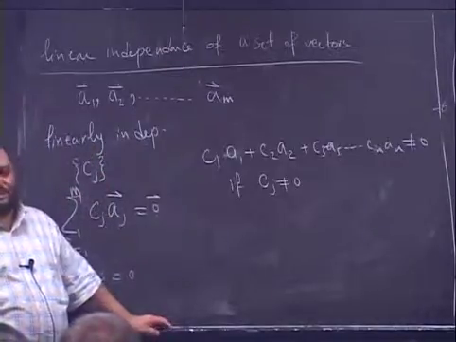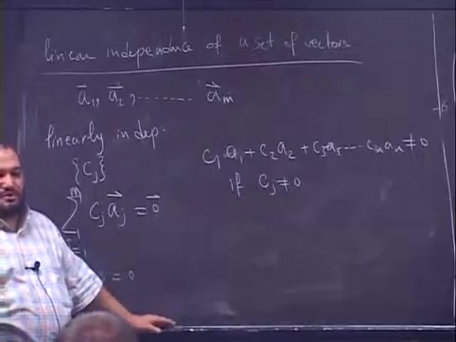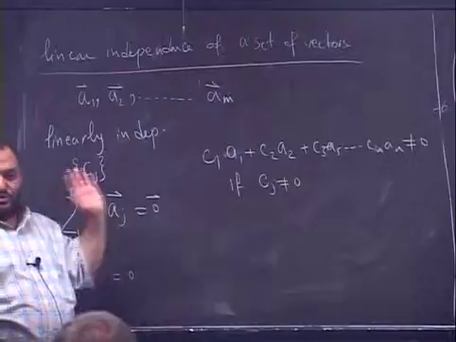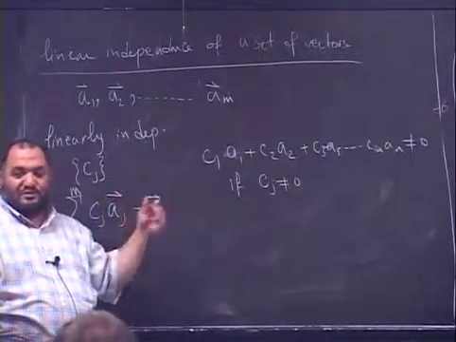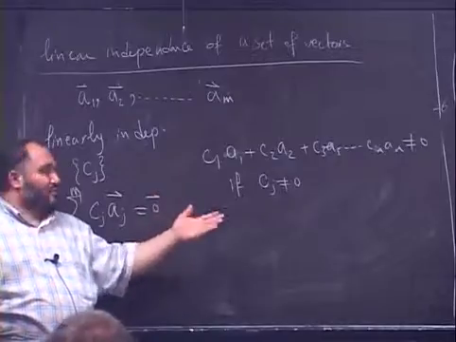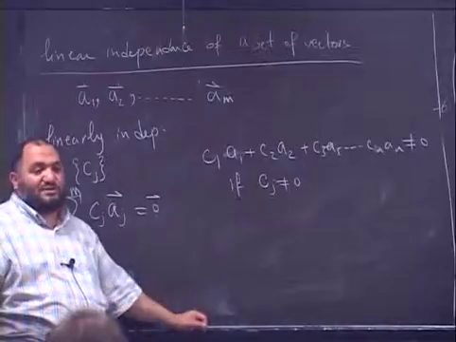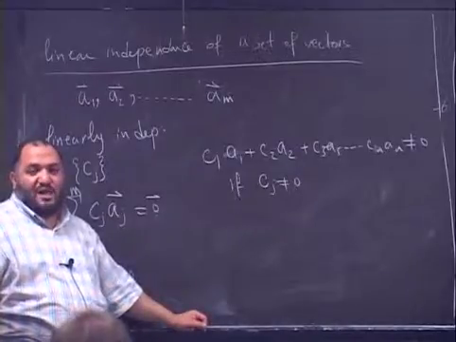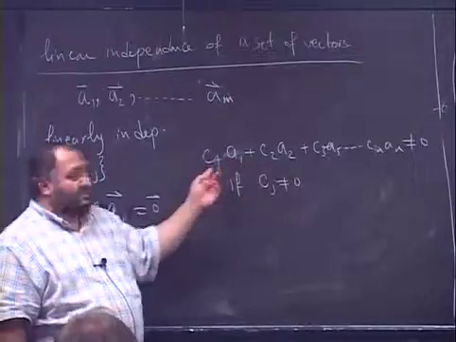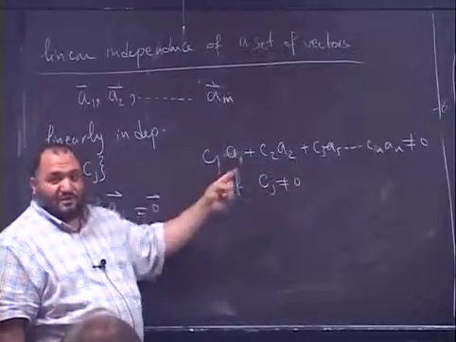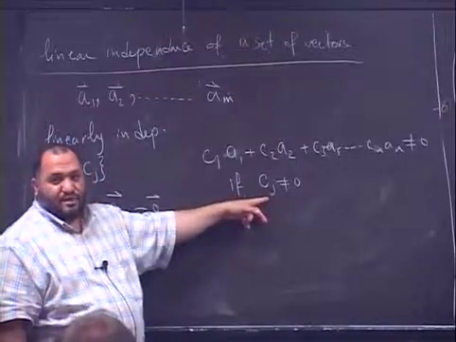What does linearly independent mean? You cannot write one of them in terms of the rest of the vectors. We already stated this previously when we studied the linear vector spaces. How will you know that the vectors in the vector spaces are linearly independent? If I can write the set of vectors like this and I will not find the Cj's all equal to 0.